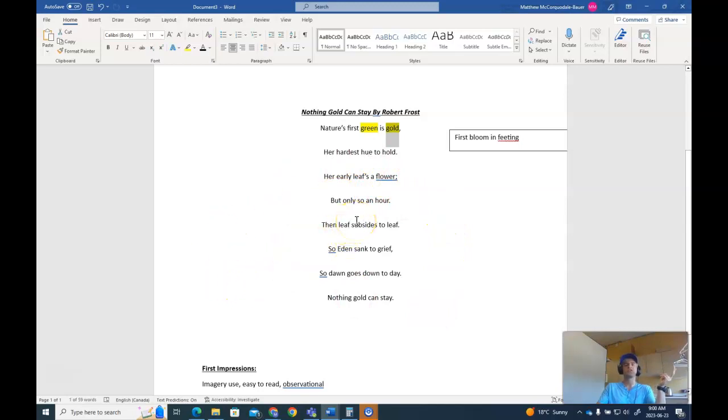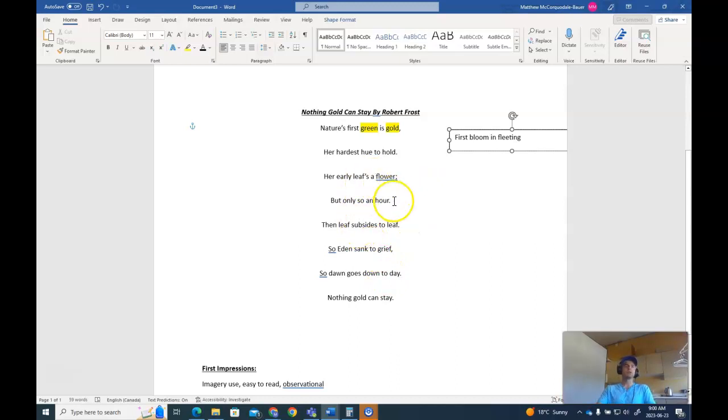It's not repetition of a certain word, but of a certain idea: that the first bloom is fleeting is repeated from lines 1 and 2 to 3 and 4. So we know this is 100% the main message that Frost is beating us over the head with.